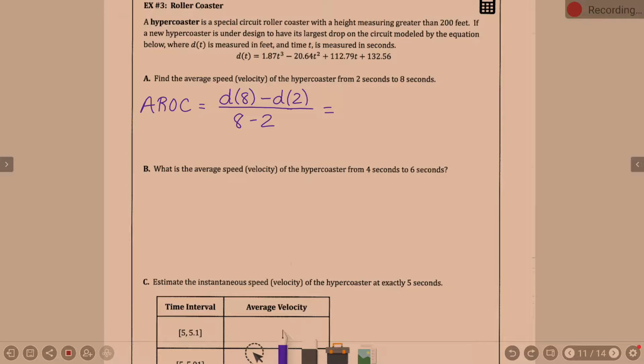I really prefer a fraction bar in this setting. So I'm going to do y1 evaluated at 8 minus y1 evaluated at 2. You do have to put those parentheses afterwards because I tried it this morning without parentheses and it wasn't working. At least the particular example I did.